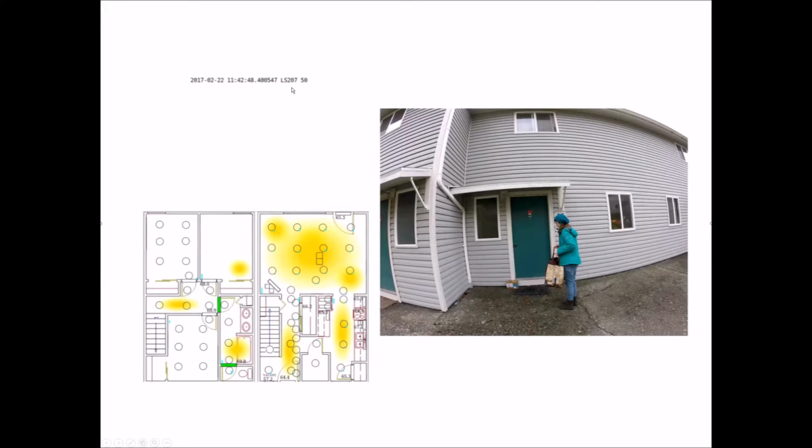If it begins with the letter M, then that is a motion sensor. If it begins with a D, then the corresponding message is generated by a door sensor. An L or LS sensor, as we see here, is a light sensor, and a message starting with a T indicates a temperature sensor.